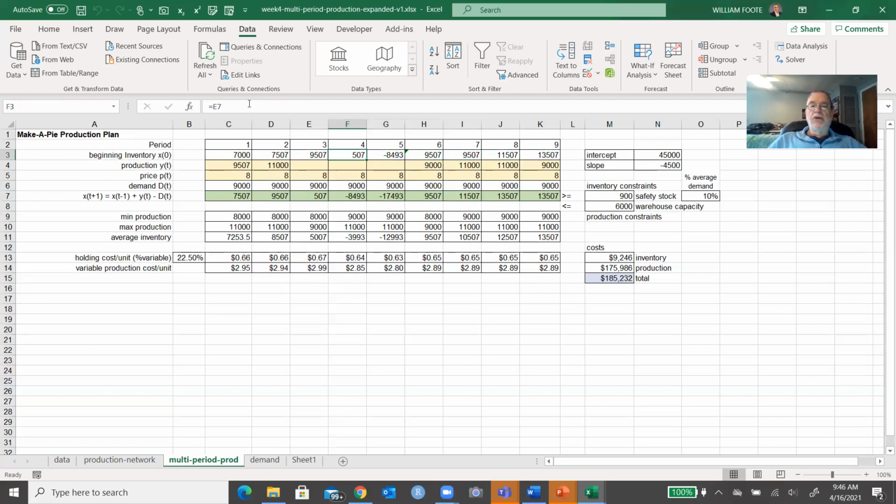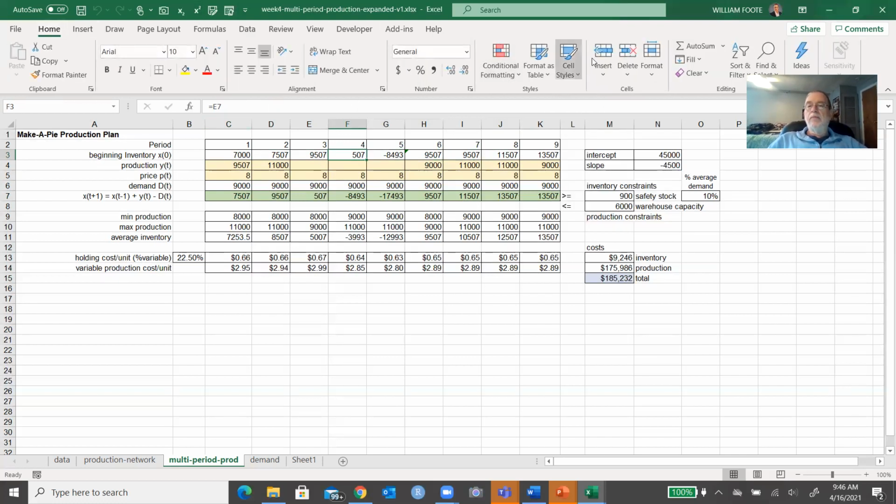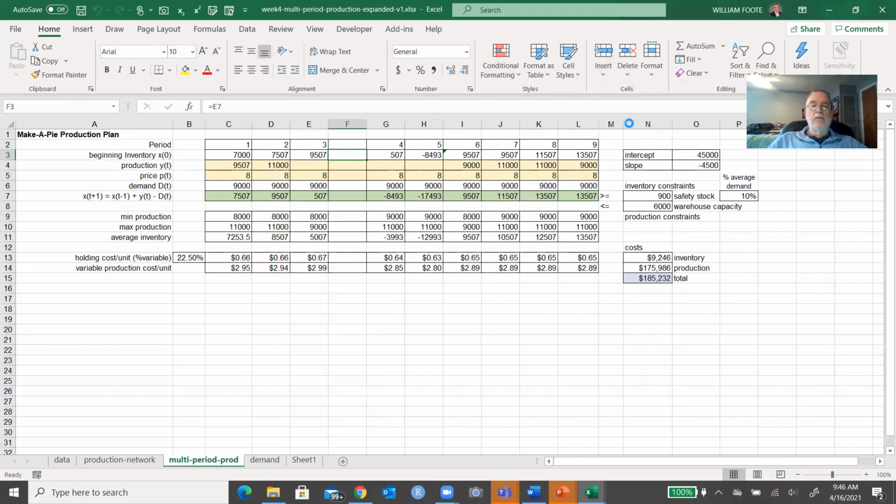Okay, so when you expand, what I mean by that is this. Go to home, go to insert, go to columns. Created a new column. You have to start doing things like this. And of course, now when you insert a column, things change.